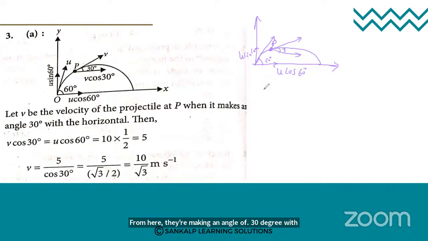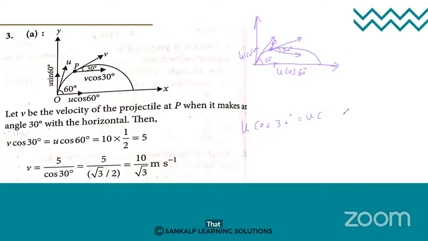Therefore here we can use that v cos 30 degree is equal to u cos 60 degree, because if v is the velocity of the projectile at P, it makes an angle of 30 degree with the horizontal. Then we can write v cos 30 is equal to u cos 60.